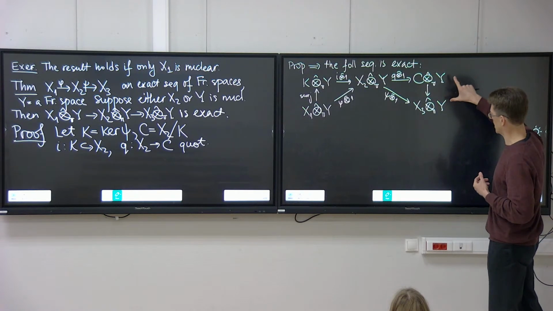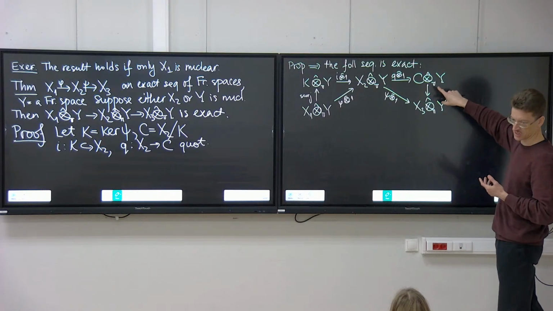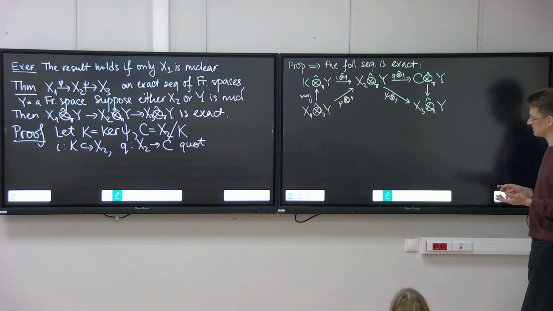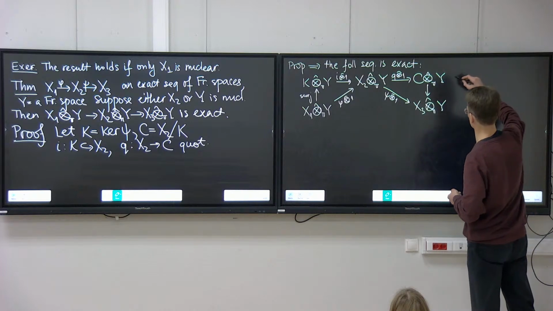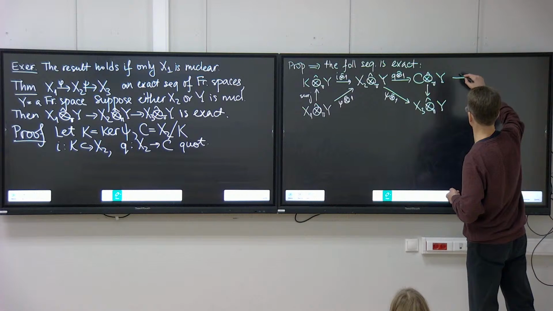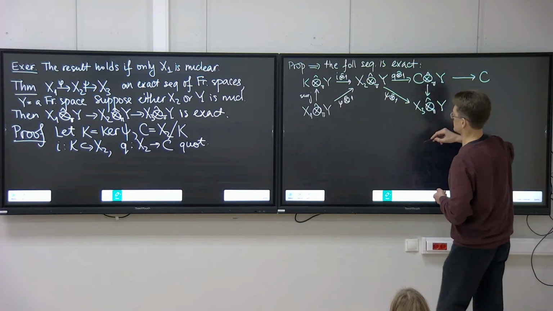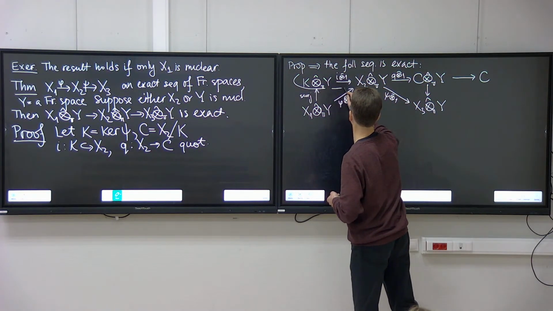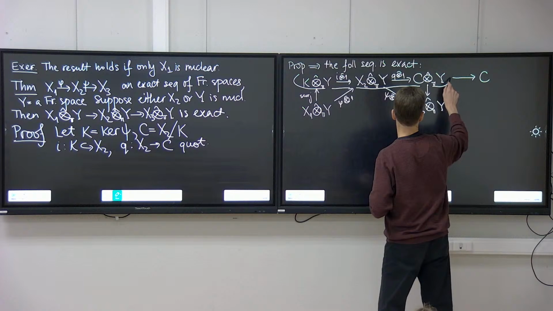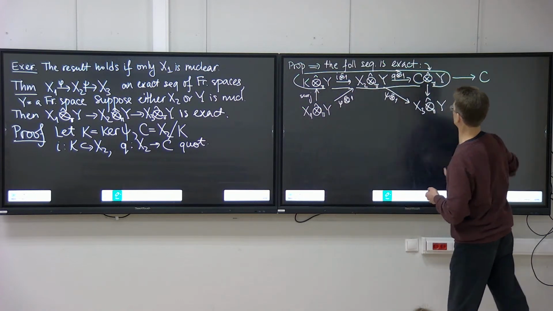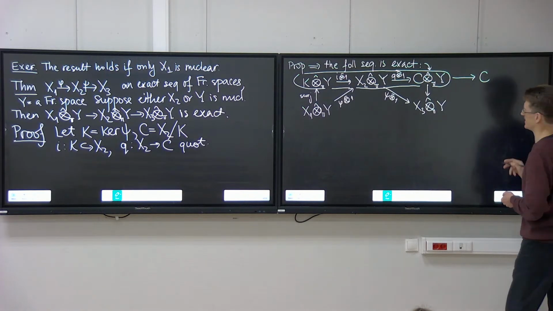But after we tensor it by Y, in general, we cannot claim that this one is injective, because the projective tensor product in general doesn't preserve injections. But let's now see that it is indeed injective. Why is it injective? Well, we have canonical maps from here to the injective tensor product. I should stress that this sequence is exact, and this is something which is outside the sequence.